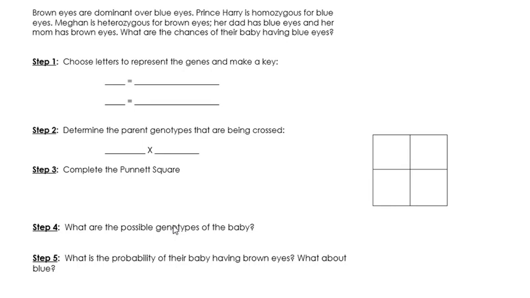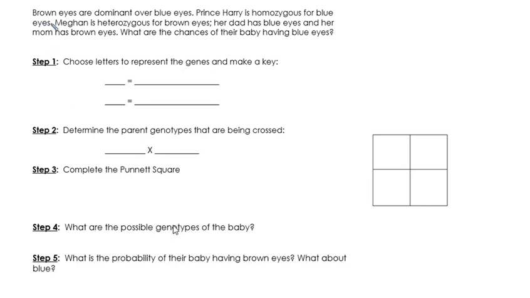To be able to fill out a Punnett square, we need to know some information from the parents. So there's always a little scenario or a little story that we need to read first. Go ahead and read along with me. As I'm reading, I'm going to point out some important information that we'll need to use later.